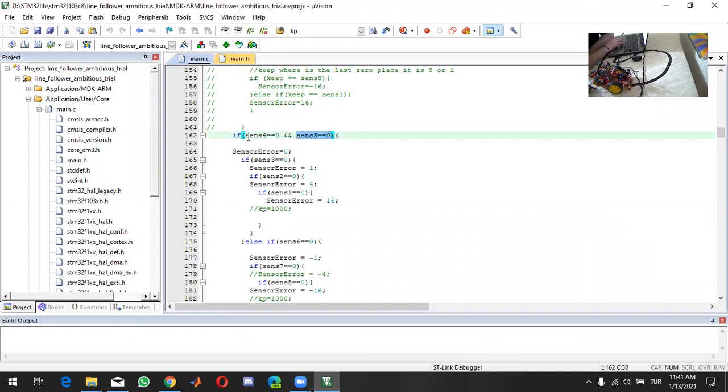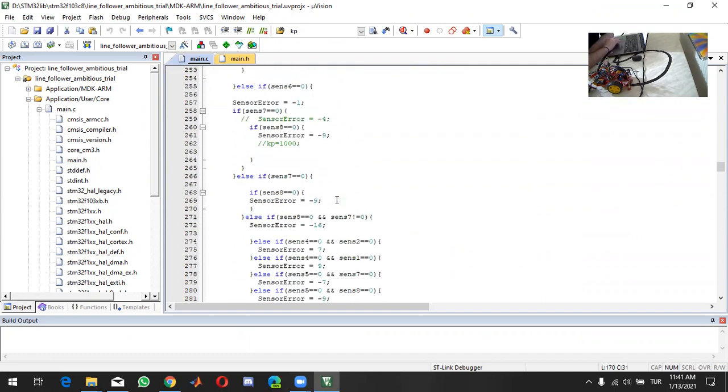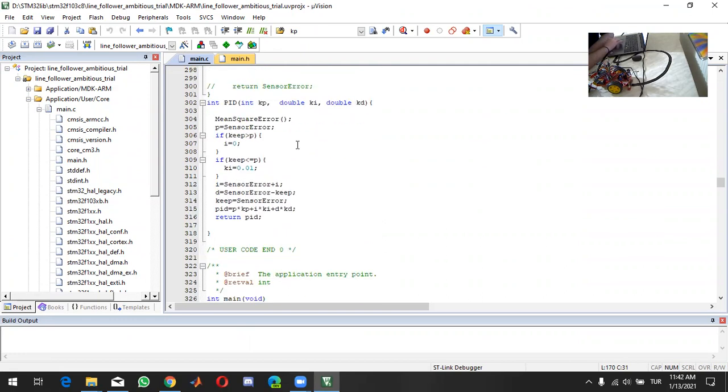Both are 0. If sensor 3 is not 0, the sensor error is 0. But if it is 0, return 1. If sensor 2 is again 0, return 4. And if sensor 1 is 0, our total sensor error returned is 16. It returns a value to us here.